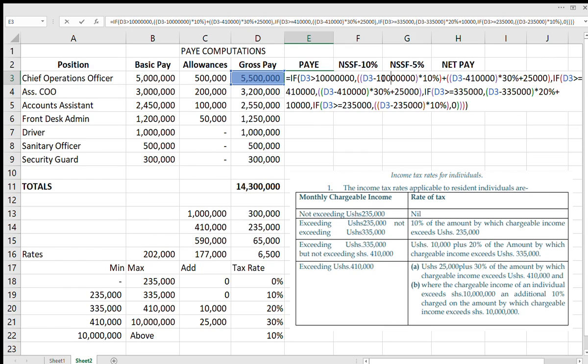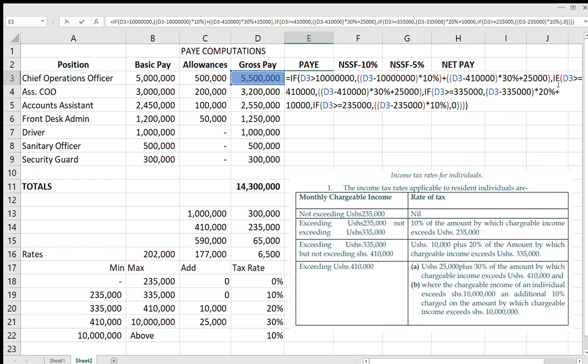So it has exceeded 10 million, 10%. Now the other one, for exceeding 410,000 shillings, we compute it and say D3 minus 410,000 shillings. The rate we use is 30%, and then we shall add the 25,000 shillings. Okay, that is now for a person going above 10 million.